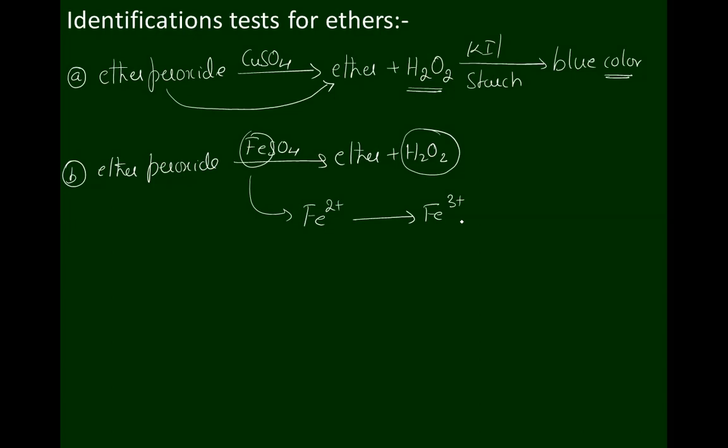When this ferric ion is treated with potassium thiocyanate solution, we get a red colored compound. It also indicates that ether peroxides have been converted into ethers. So formation of blue and red color indicates that ether peroxides have been converted into ethers. Please note it down.